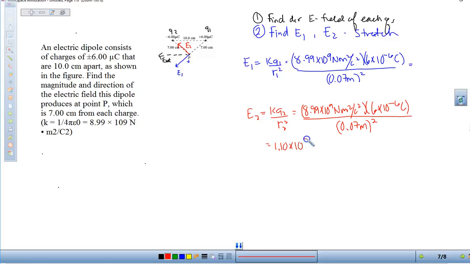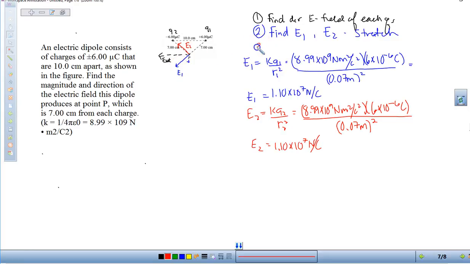So positive 7. And this is newtons per coulomb. This will actually be the same value for E2, also newtons per coulomb. That's E1, and this is E2. So we just found how strong they are.